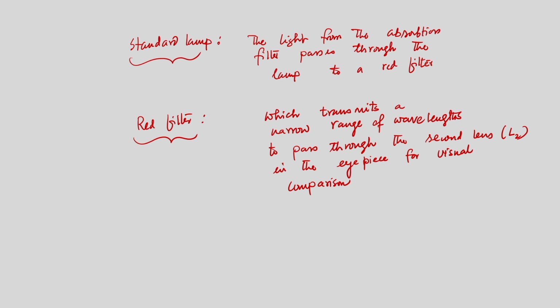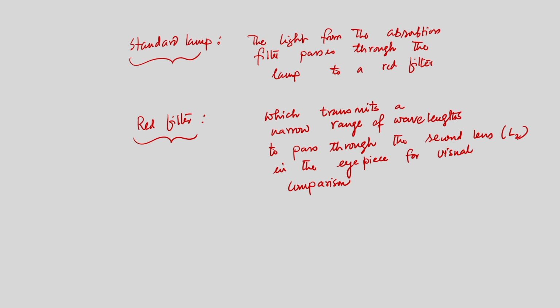So, these are the different parts we have understood. The light coming from the standard lamp will be transmitted by the red filter with a narrow range of wavelength to pass through the second lens in the eyepiece for the visual comparison. Now the important part is the standard lamp.